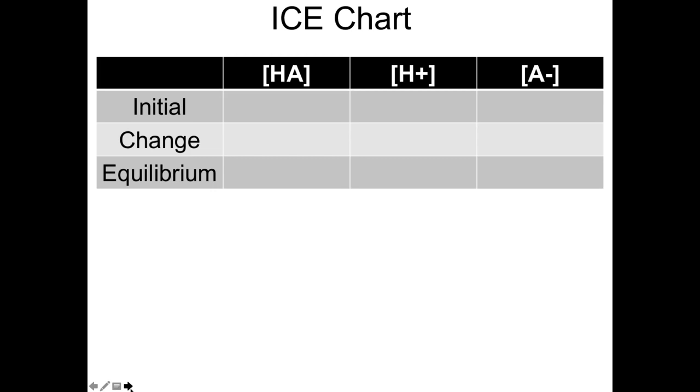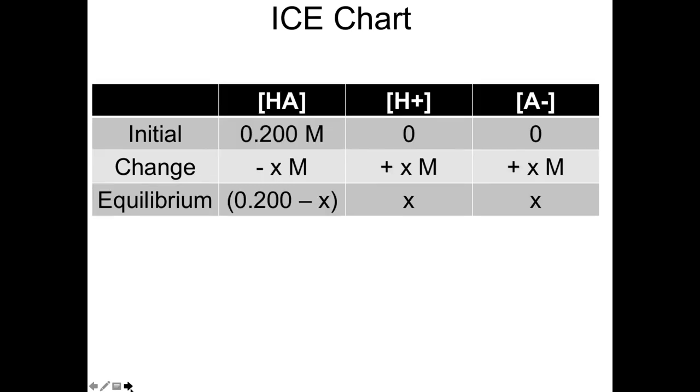To set this up, you're going to have 0.200 molarity of acid. You're just putting it in, so none of it has dissociated. So H plus is going to be 0. A minus will also be 0.